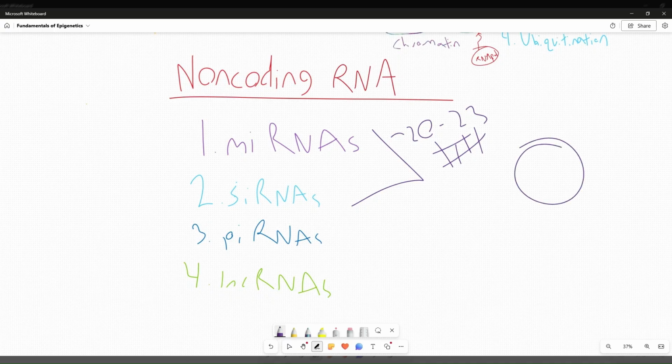Then you'll form your RISC complex, and you'll go and silence a bunch of messenger RNAs that way. So microRNAs and siRNAs, we covered this previously.